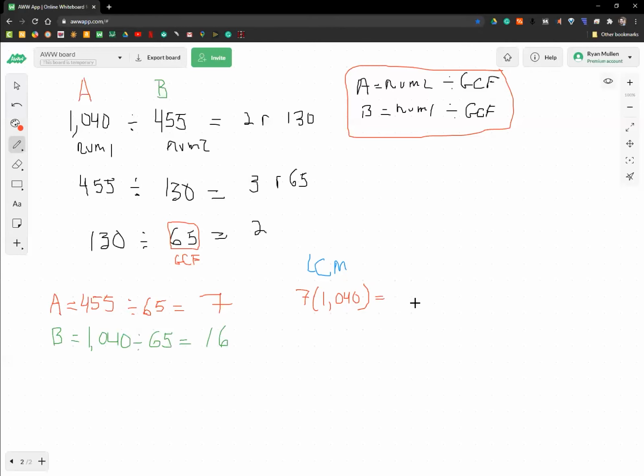And that is equal to 7,280. And then same thing here. If I have 16 of item B, but B is 455, it's also going to be 7,280.